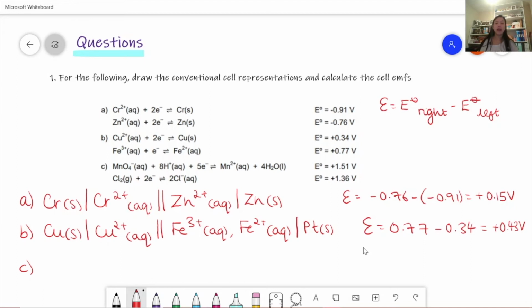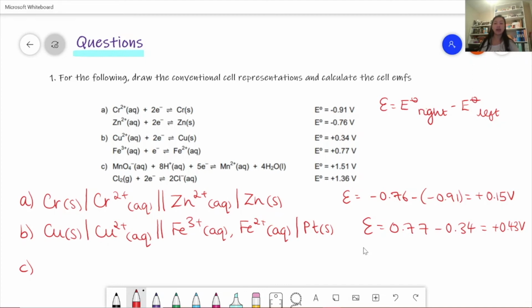And then for C, firstly we work out which one has the more negative standard electrode potential, and that is the chlorine half cell. And then now we think about which one is more oxidized, so that would be the chlorine, so the Cl- would go on the outside. However, because chlorine is a gas and the chloride ion is an aqueous species, that means that we need another solid again, and so we go to platinum.